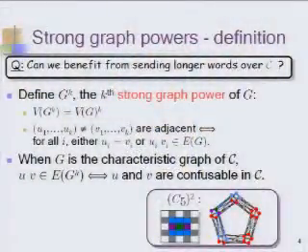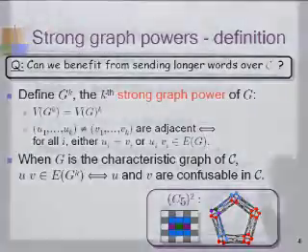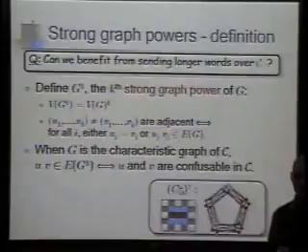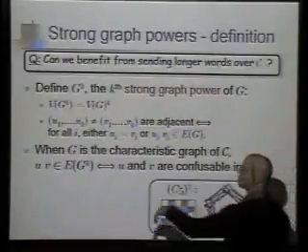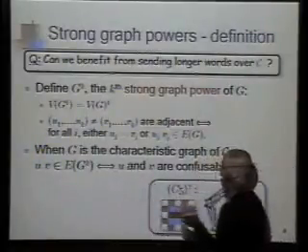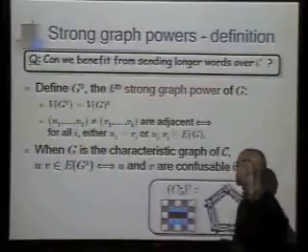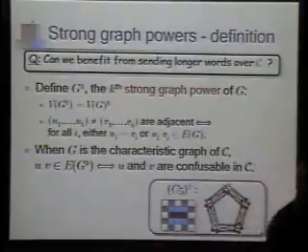The major thing is that when G is the characteristic graph of some channel C, then there's meaning to G to the K, and two K-letter words have an edge in this K-th power if and only if the two words are confusable in the channel. This is very important, because the receiver receives two K-letter words, and he wants to make sure that they're different. He has to have at least one coordinate where he can tell the two words apart.